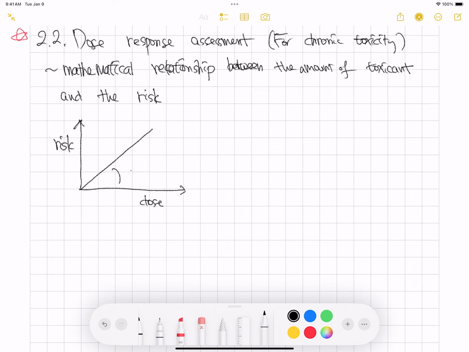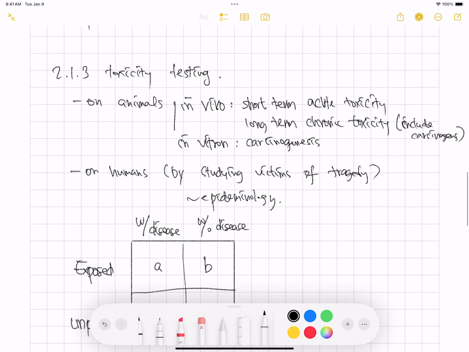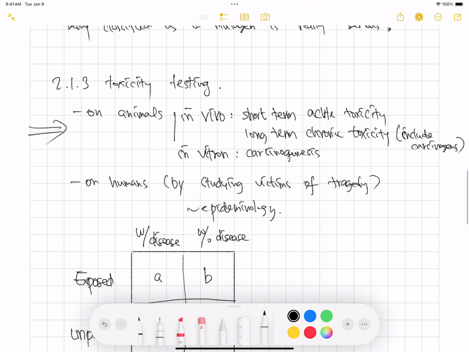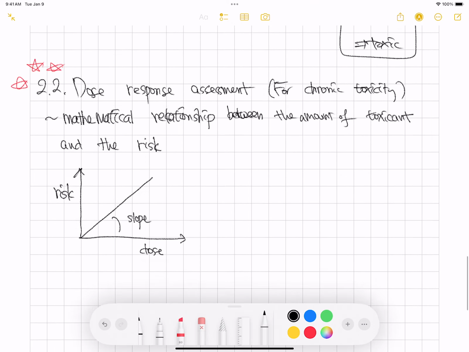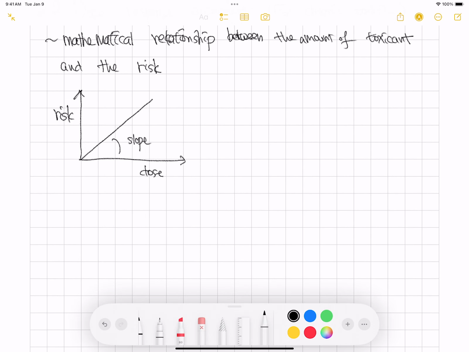And we can calculate the slope from these experiments, animal experiments, right? And there are two factors that can be obtained from these experiments.